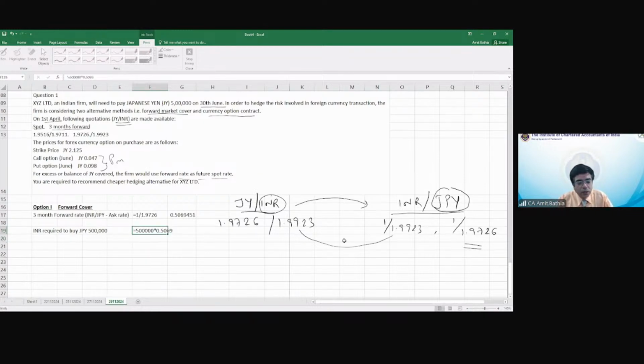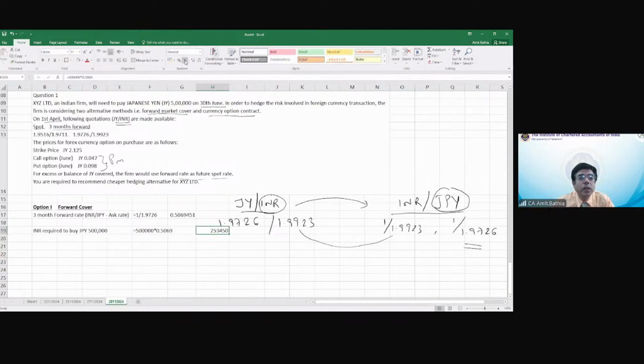So I'm getting 253,450. Are you all with me? 253,450. This is my total outflow in forward contract.